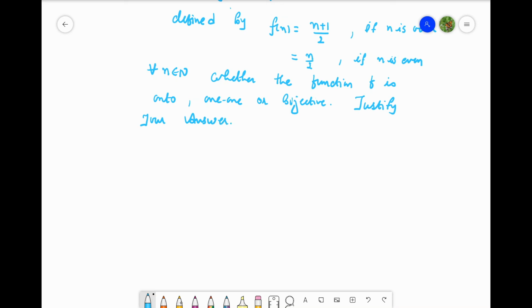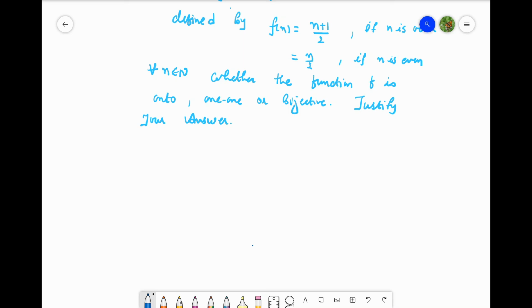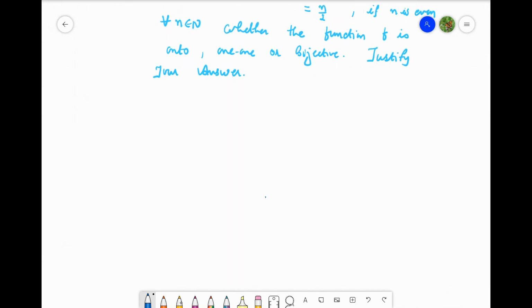So for such type of example, only find out images. If for distinct elements images are distinct, then it will be one-one. And once you find images, you can get range. From range you can get an idea whether the function is onto or not. If range equal to codomain, then it will be onto.